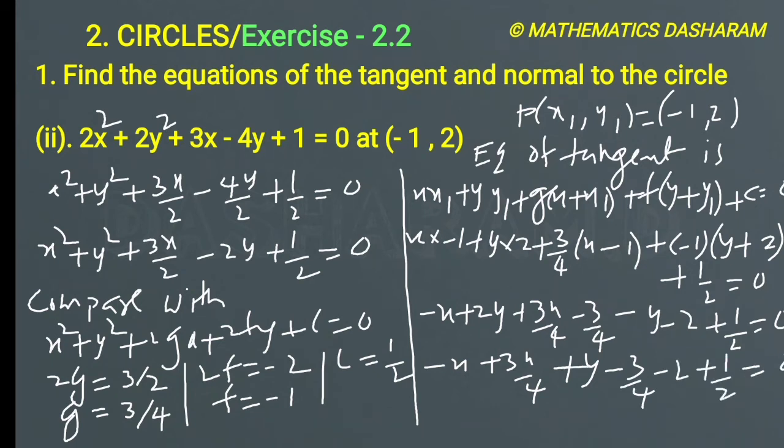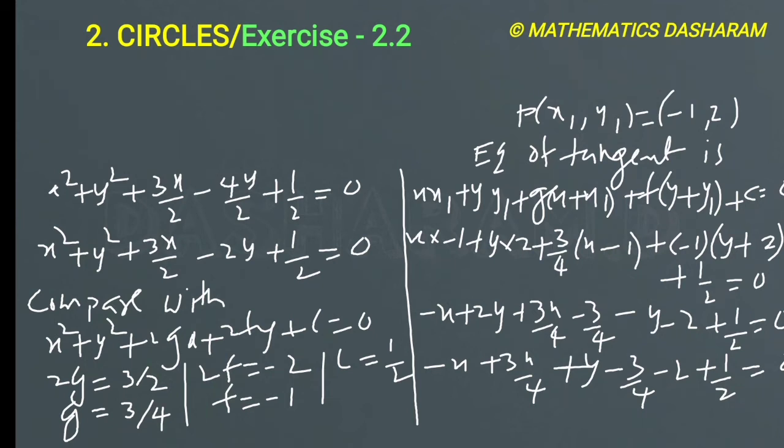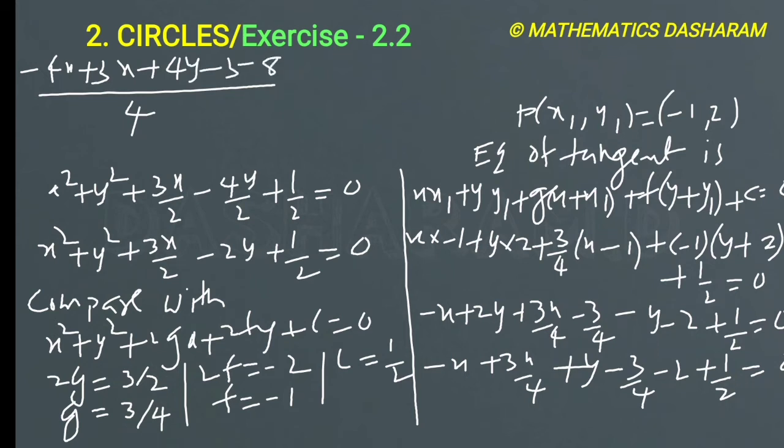Now the LCM of all denominators is 4. So let's take the LCM 4, then minus 4x plus 3x plus 4y minus 3, next 4 into 2 is minus 8, next plus 2 into 1 is 2, equals 0.